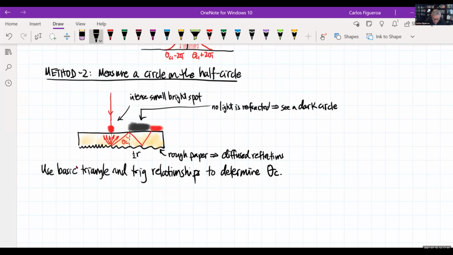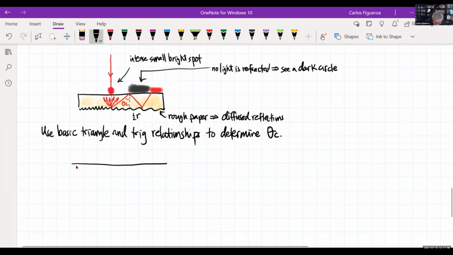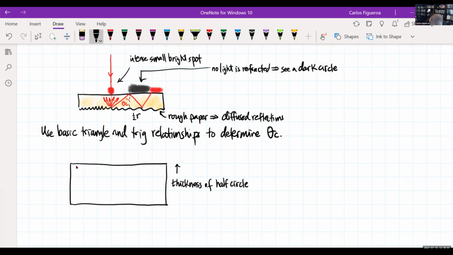Okay, so let me redraw this thing. Let's say that this is the edge of my half circle. And this thing represents the thickness of the half circle. And just because thickness starts with T, I'll call that T. So this is what's happening here.